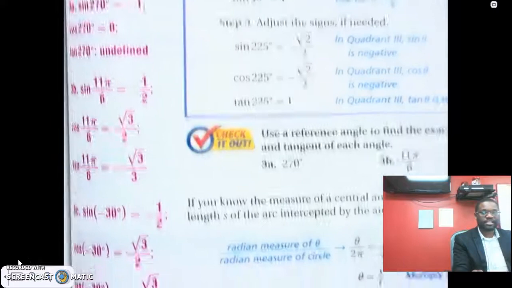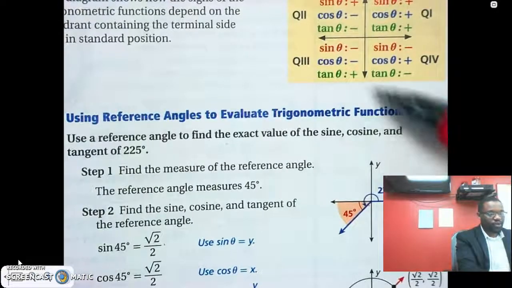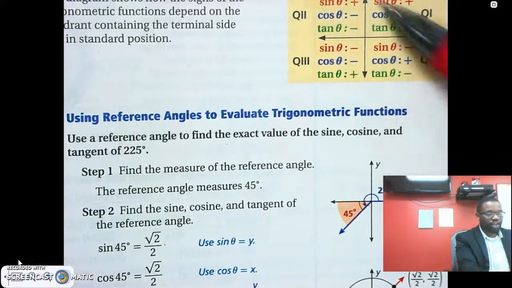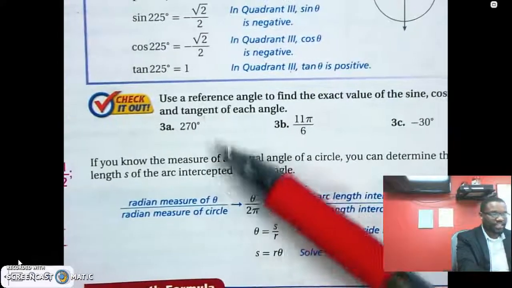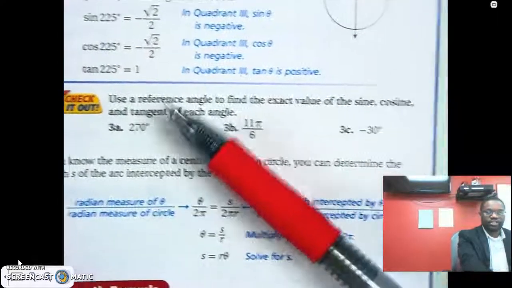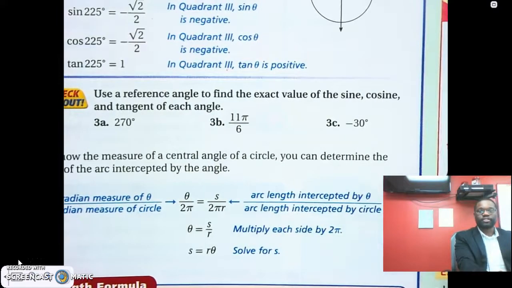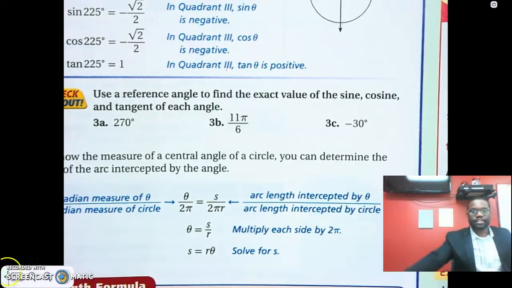But since I'm dealing in the third quadrant, I have to remember what's negative and what's positive in each quadrant. So that comes up from time to time. All right? You can take a look and see what the answers are to each one of these. You can pause it, and then I'll put up the answers here in a second.